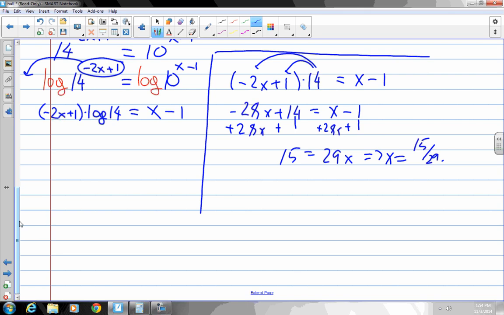So again, we're going to do the same thing with this logarithmic equation. Well, not logarithmic equation. It's still a linear equation. We just have a weird coefficient. But first, we will open up the parentheses. You'll get negative 2 log of 14 times x plus log of 14 equals x minus 1, right?